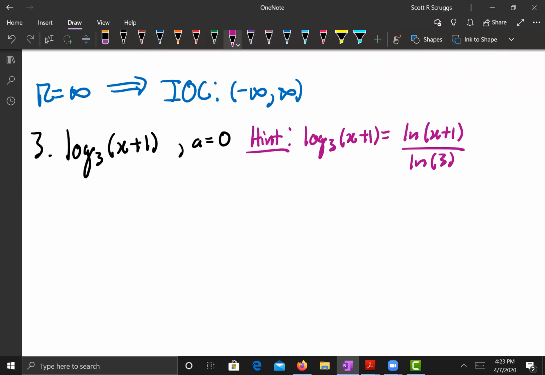That's going to be the hint I give y'all for that problem: think of rewriting log base 3 of 1 plus x as the natural log of x plus 1 over natural log of 3. I'll give y'all a few minutes to work on that. And if y'all have questions, post them on the chat.